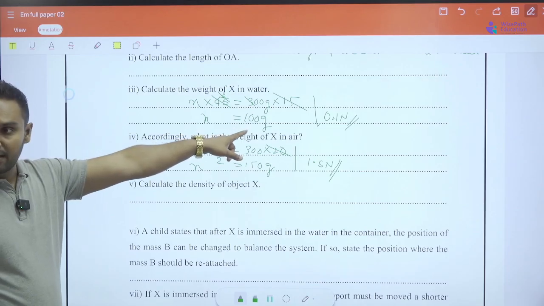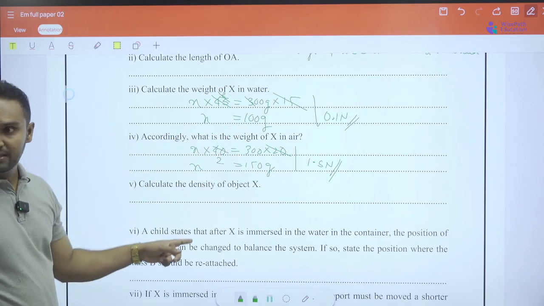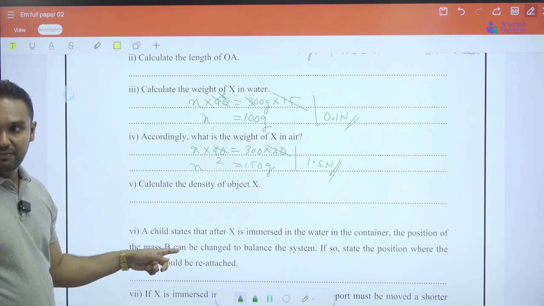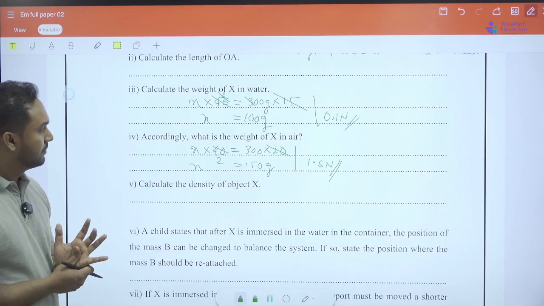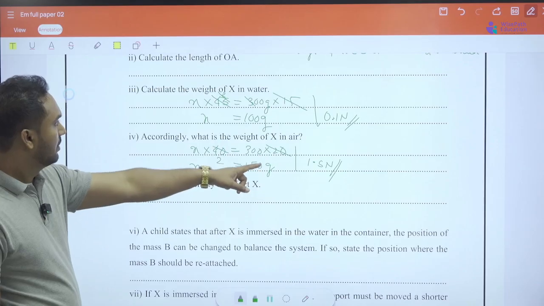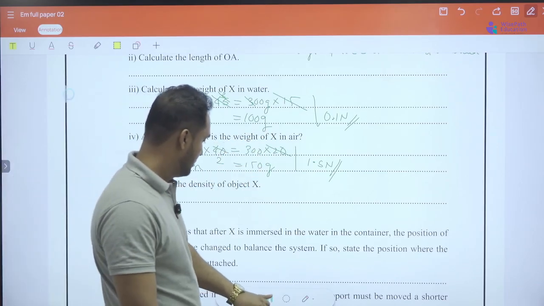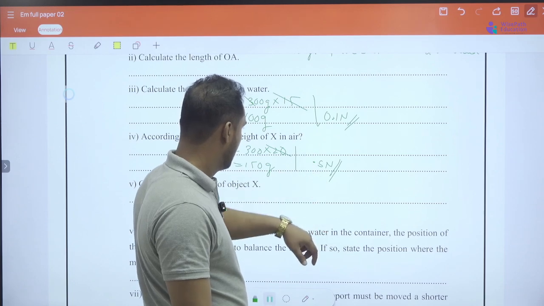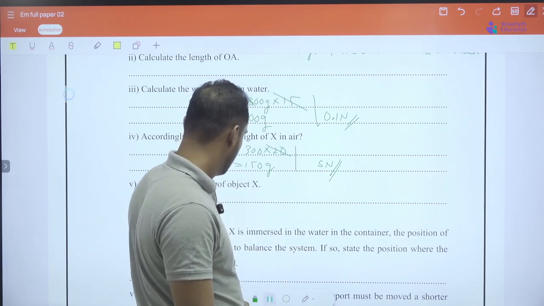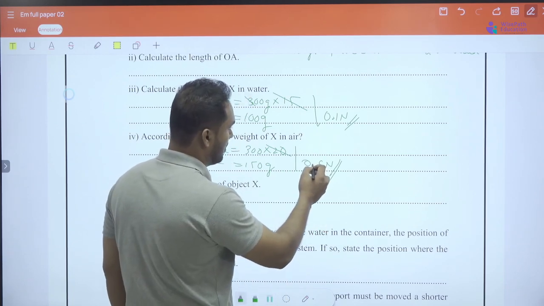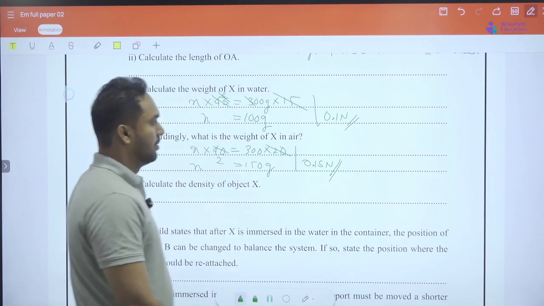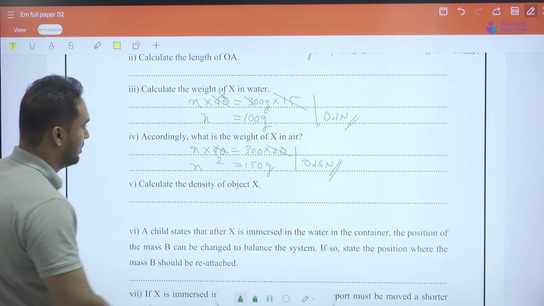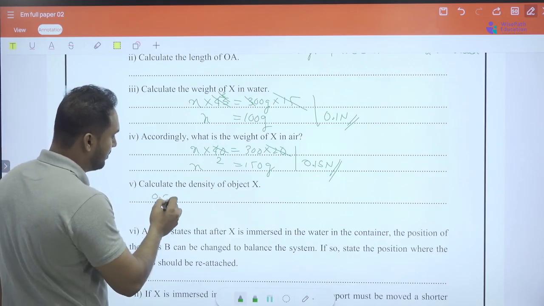In air it is 1.5 newtons and in water 1, so the upthrust is 0.5 newtons. First we need to find the volume.